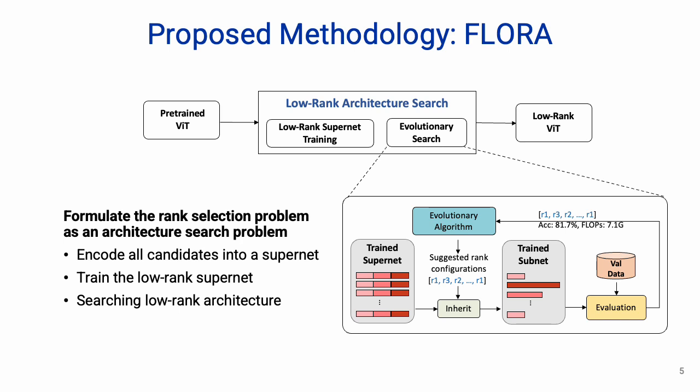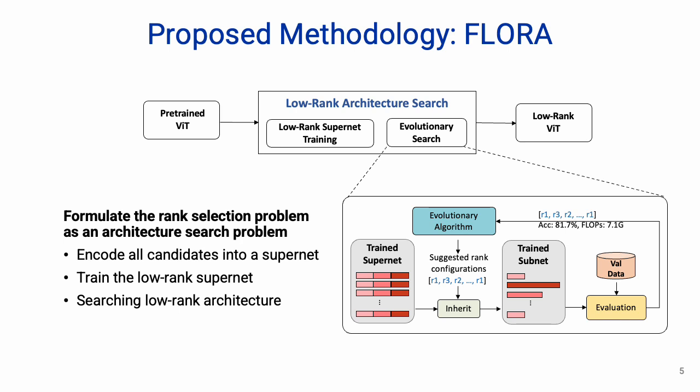Then we move on to training this low-rank supernet, in other words, training all the low-rank architectures jointly. After finishing the supernet training, we then adopt evolutionary search to identify the most effective architecture, which can yield more computational cost saving.